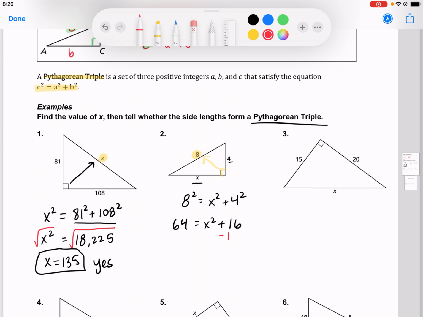And then we'll subtract 16 from both sides. And you end up with 48 equals x squared. And then you take the square root. Now, if you're using one of my calculators, when you take the square root of 48, you'll get 4 square root of 3. So x will be 4 square root of 3.